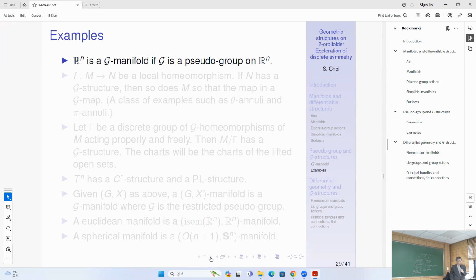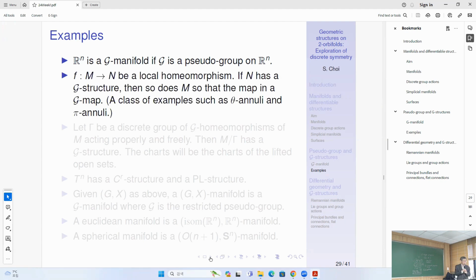For example, Rn is a G manifold if G is any pseudo group on Rn. And of course, if F from M to N is a local homeomorphism and N has a G structure, then so does M, so that the map is a G map. Given any local homeomorphism, if one is a G manifold, you can always get the other.